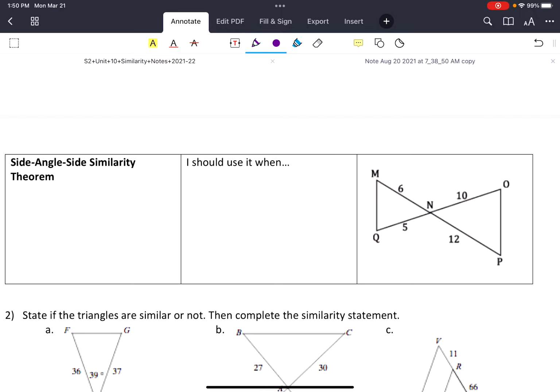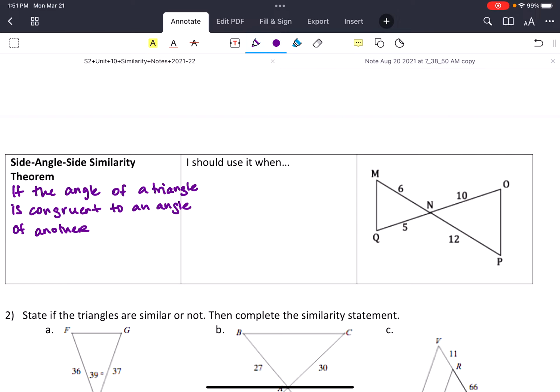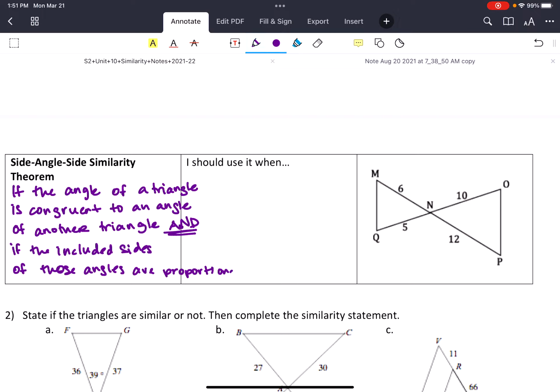So side, angle, side similarity says, if an angle of a triangle is congruent to an angle of another triangle, and, so 2 things have to happen here, if the included sides, I'll explain that in just 1 second, of those angles are proportional, that's what we were doing in our last lesson, we were setting up proportions, then the triangles are similar.